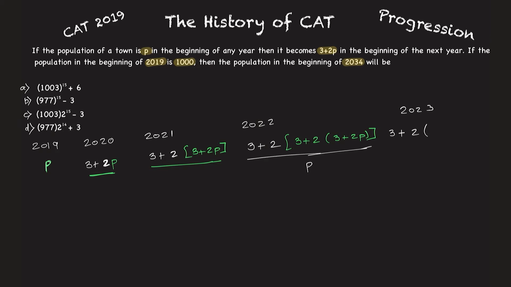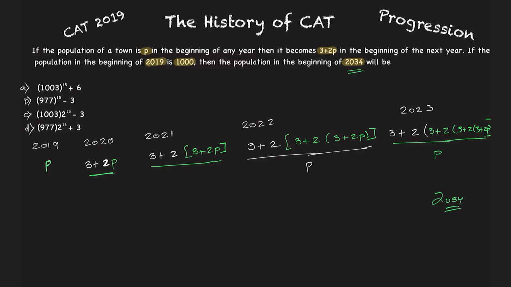So that's 3 plus 2 into 3 plus 2 into 3 plus 2 into 3 plus 2p. That's how it will keep going on and on, and this will be the p for the next year. And till where are you supposed to go? Till 2034.